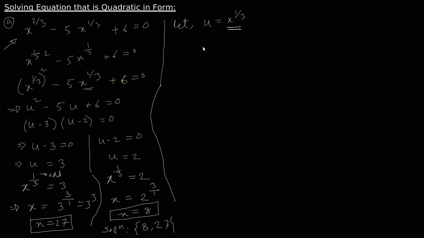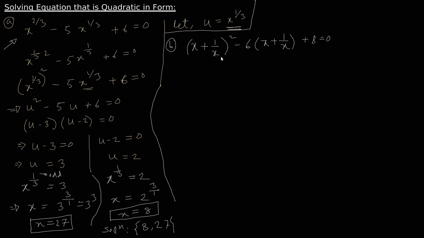So let us try to solve another problem. So let's say problem B. Problem B is (x plus 1 over x) squared minus 6 times (x plus 1 over x) plus 8 equals 0.